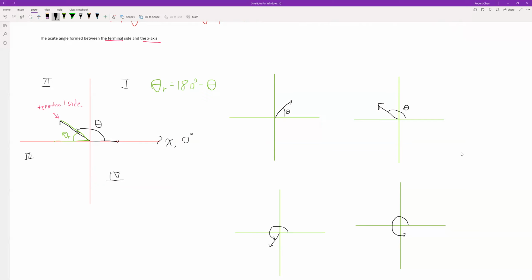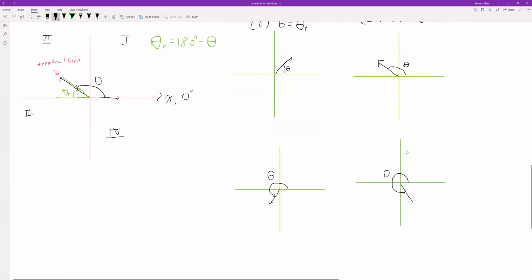Notice that I'm always rotating my angle starting from the positive x-axis, because that's where the 0 degree is. So in quadrant 1, your angle is exactly the same as the reference angle, because it's formed between the terminal side and the positive x-axis. All right, and in quadrant 2, which is the one we saw, we simply take reference angle is equal to 180 degrees subtracting theta.